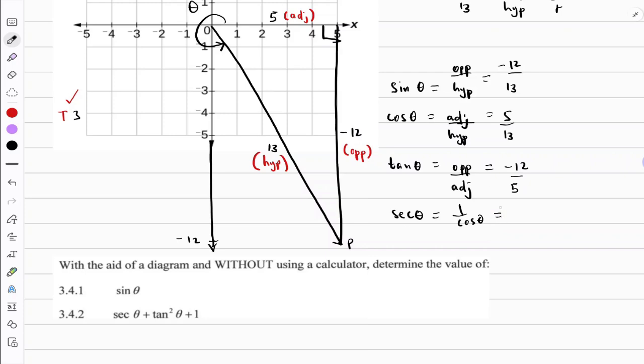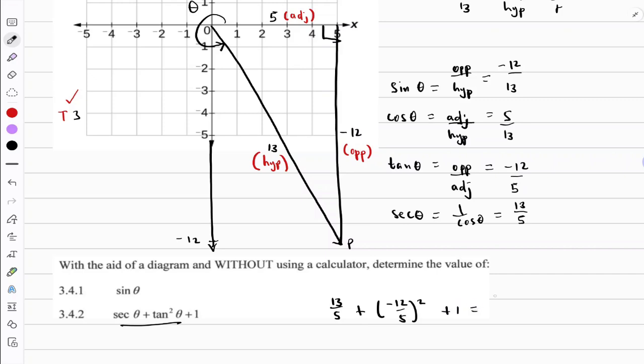So if cos theta is 5 over 13, it means that sec theta will be 13 over 5. So now we can find this value. So sec theta becomes 13 over 5 plus tan theta. Tan theta is negative 12 over 5 to the whole squared, because remember we are squaring tan theta, plus 1.